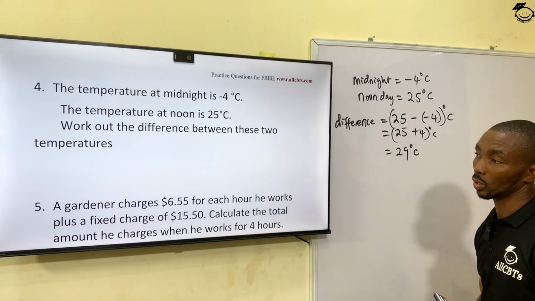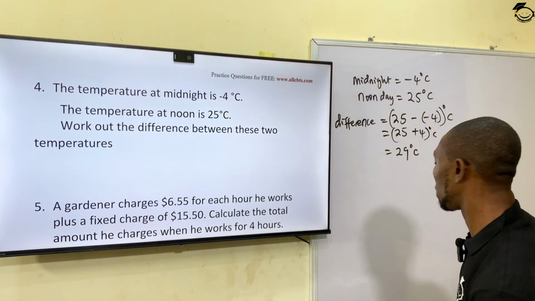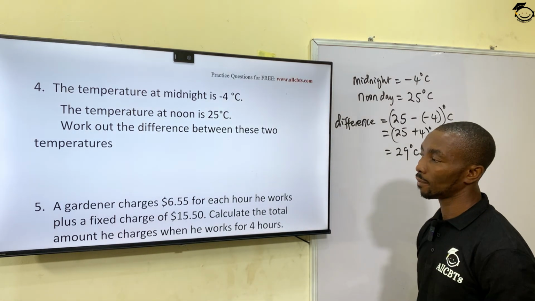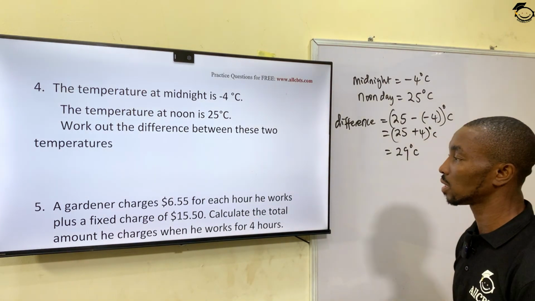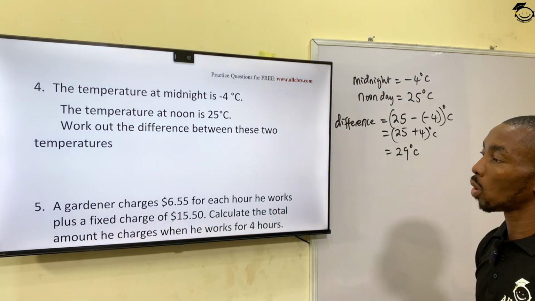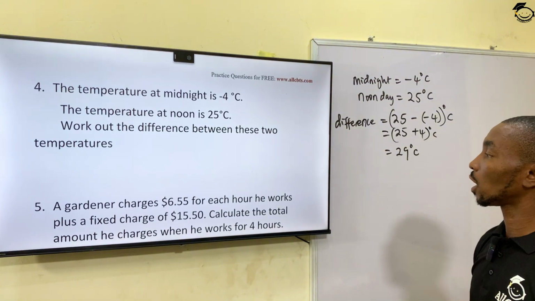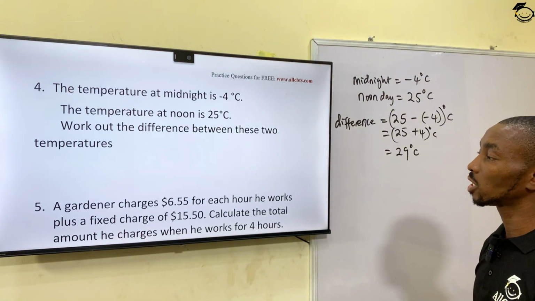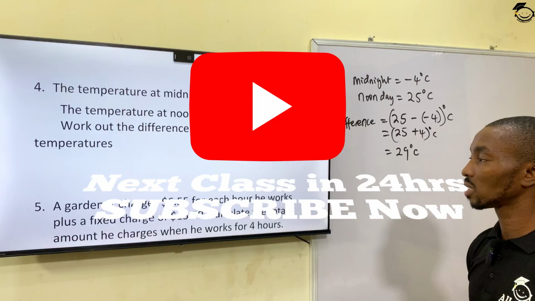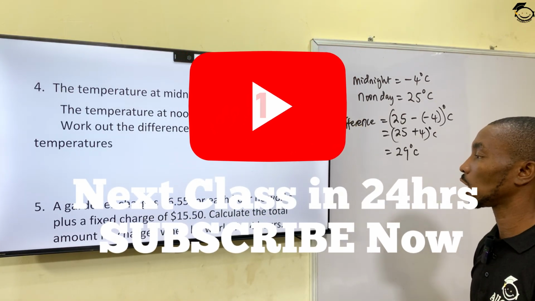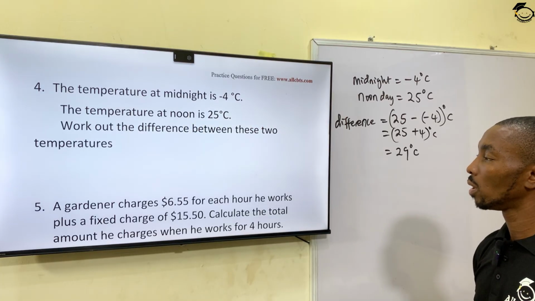For our next question, it says a gardener charges $6.55 for each hour he works plus a fixed charge of $15.50. Calculate the total amount he charges when he works for 4 hours.